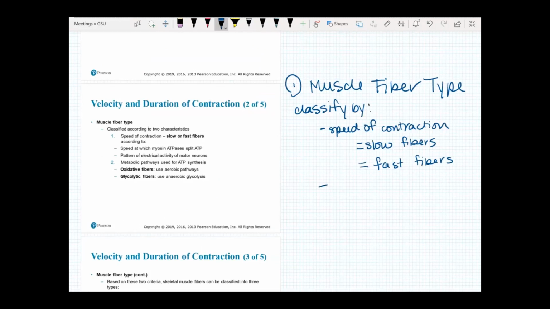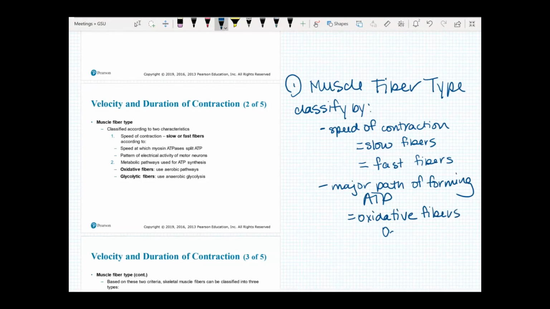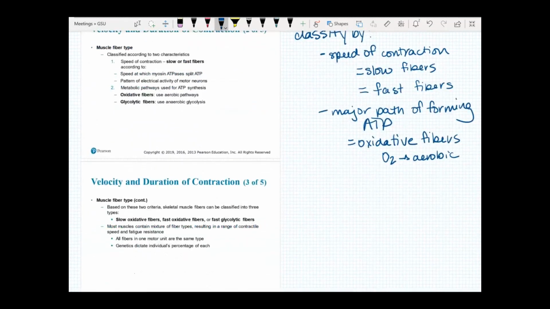Another classification we're going to have is going to be how it forms ATP. So this is going to be the pieces that we just talked about. It will either form ATP through oxidative mechanisms. So these will be oxidative fibers. And if it's in oxidative fibers, it is oxygen, which means it is aerobic. Or you can produce ATP through something called a glycolytic fiber.